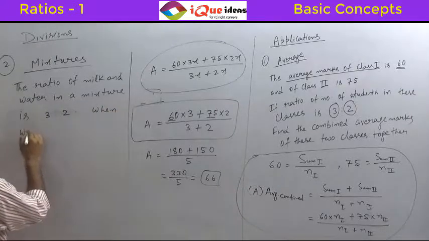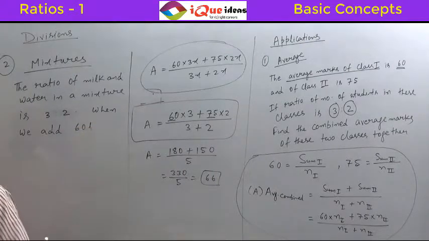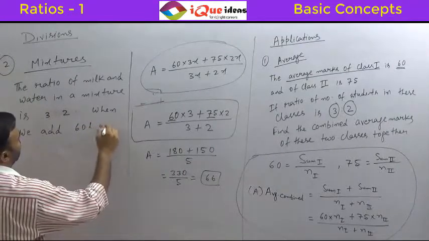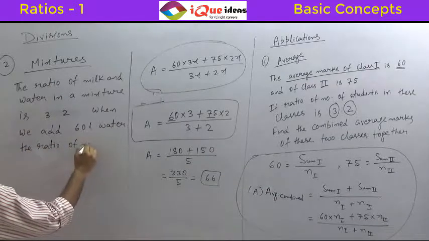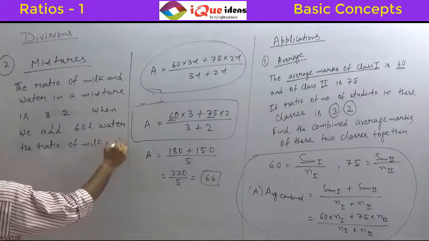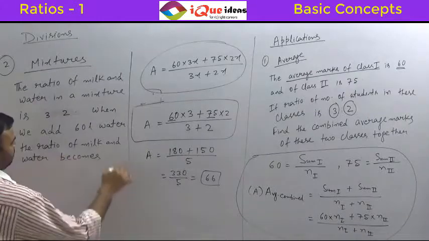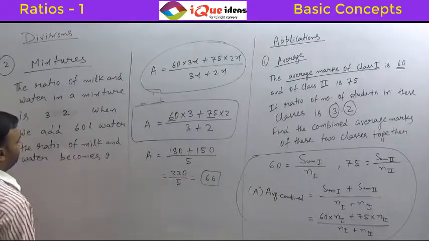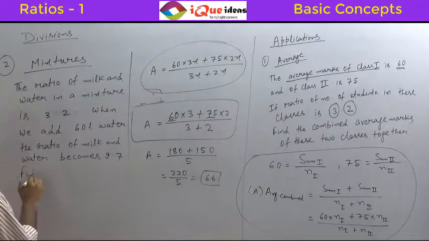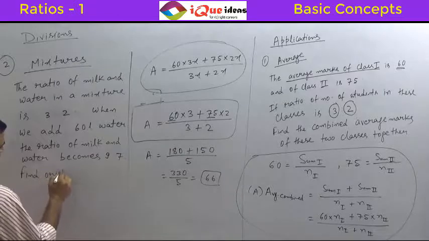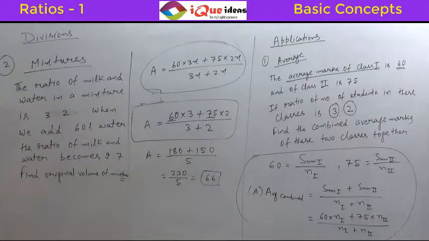When we add 60 liters of water, the ratio of milk and water becomes 9:7. Find the original volume of the mixture.